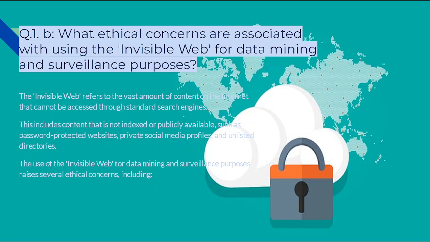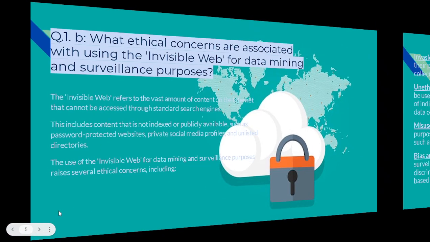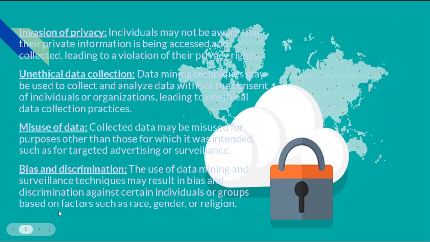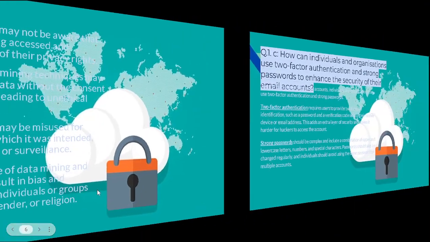The use of the invisible web for data mining and surveillance purposes raises several ethical concerns, including invasion of privacy, unethical data collection, misuse of data, bias and discrimination.